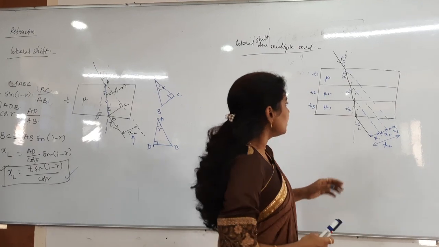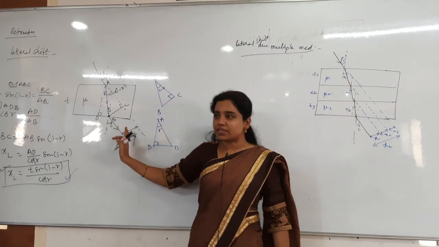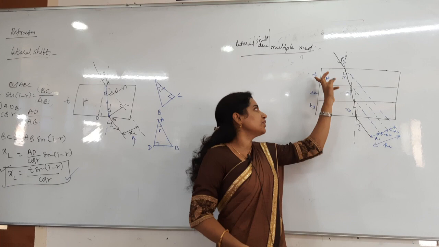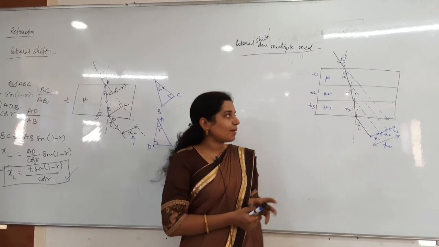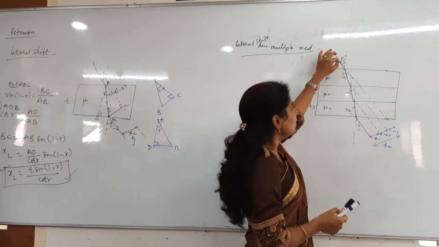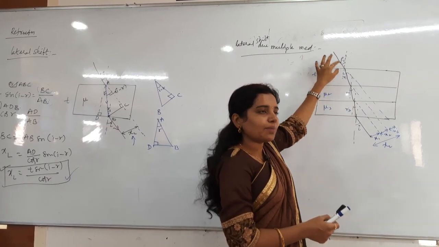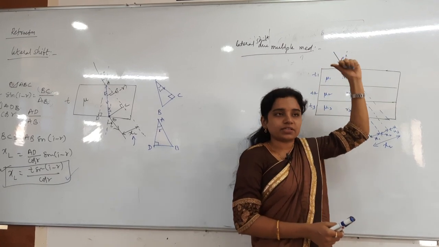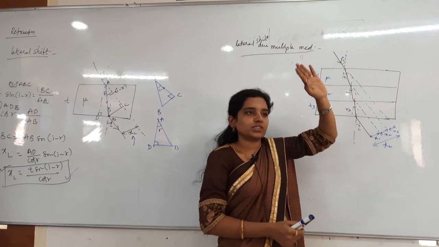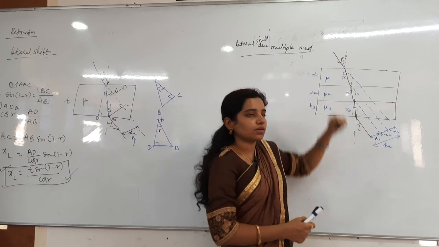Yes, see, there we have discussed only one slab. Here I have taken 3 slabs of different thicknesses and different refractive indexes. Now what happens, first the ray is incident on the first boundary, then obviously it is entering from which medium to which medium here, rarer medium to denser. Then what happens, it will bend towards the normal. So it is bending towards the normal.